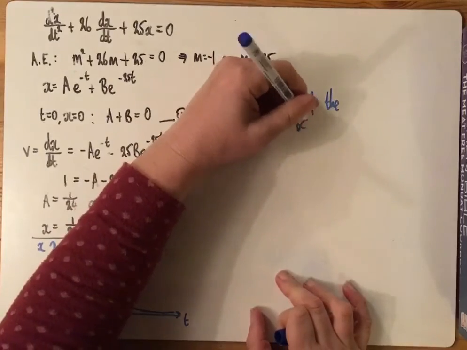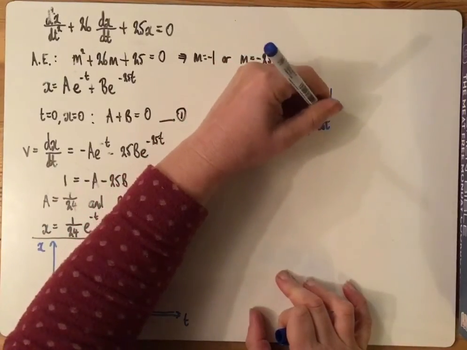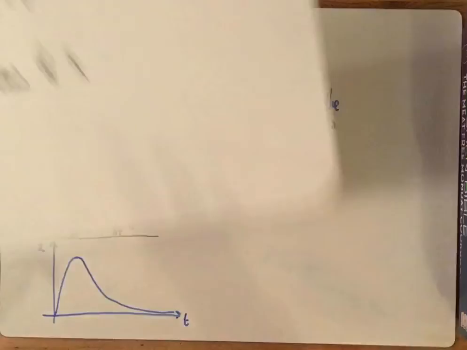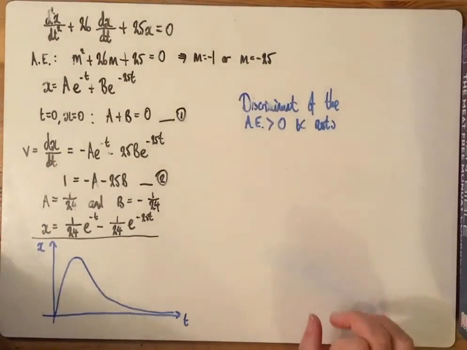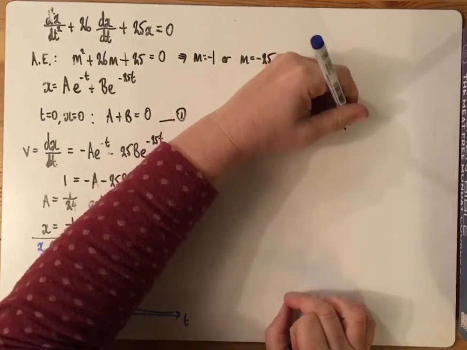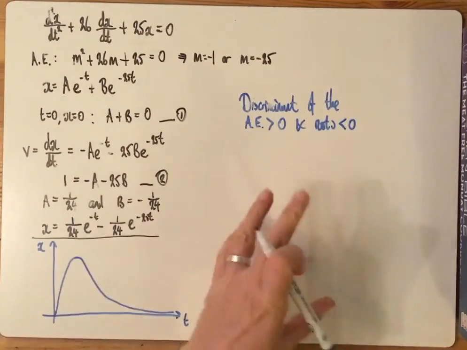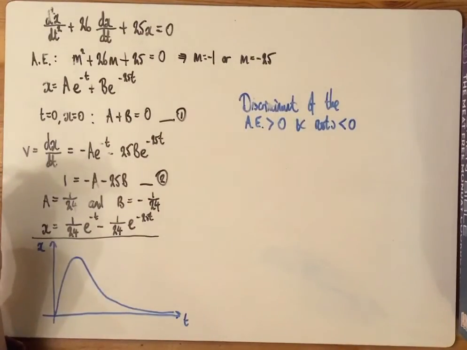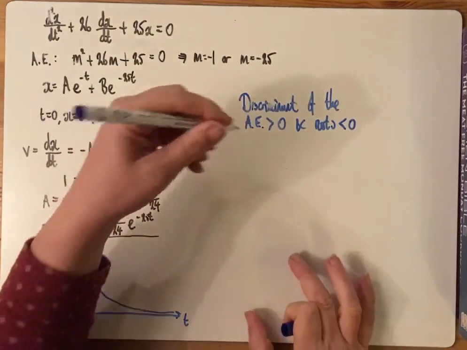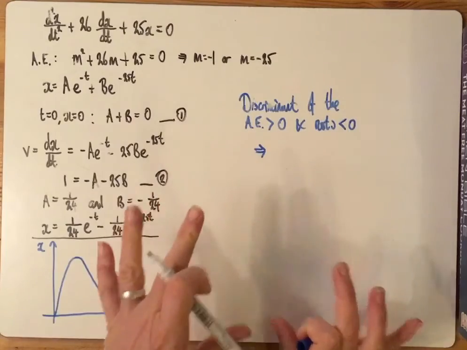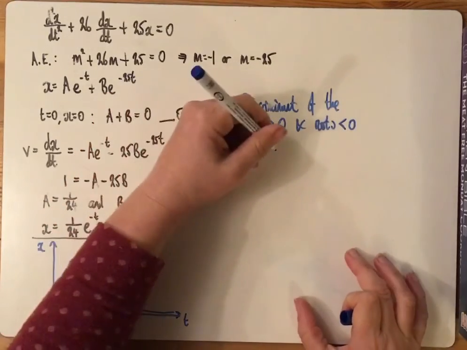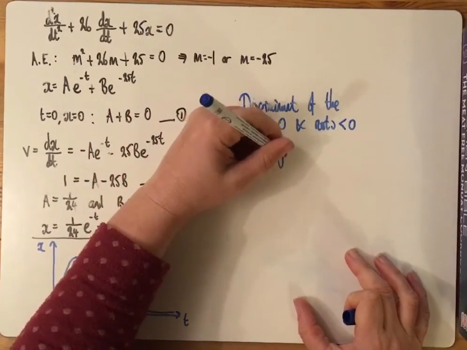They will always be negative for these because of the form of the differential equation. These are both positive, which will make those roots negative. So that's your conditions: discriminant bigger than 0, two negative roots. And in this case, and this will always be true, not just for this example, the system decays without oscillating.